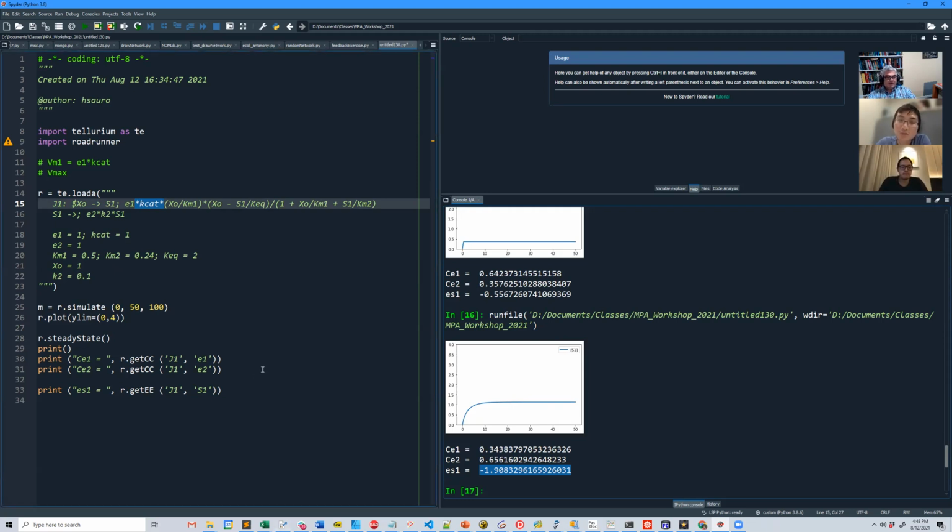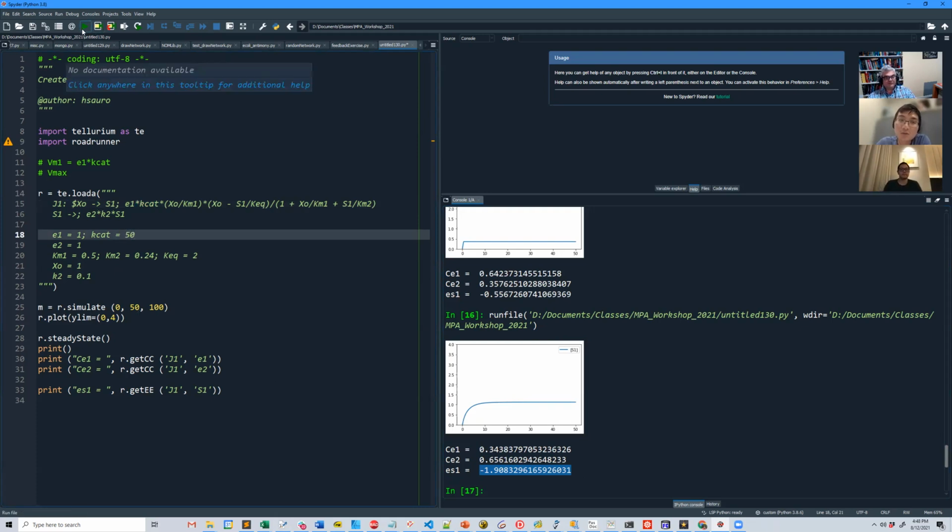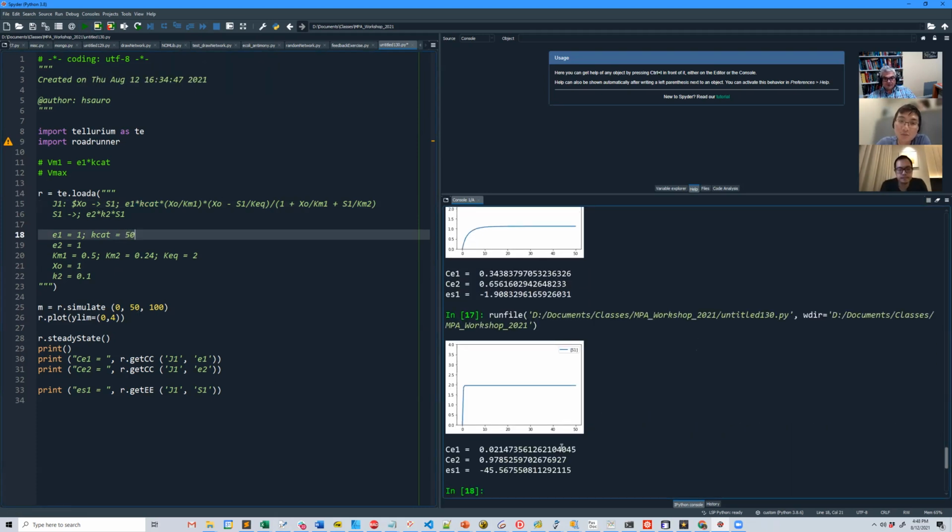In fact, if I push this up to 50, let's say, 0.02, it's gone to minus 45 now. So S1 has a very potent effect on V1.